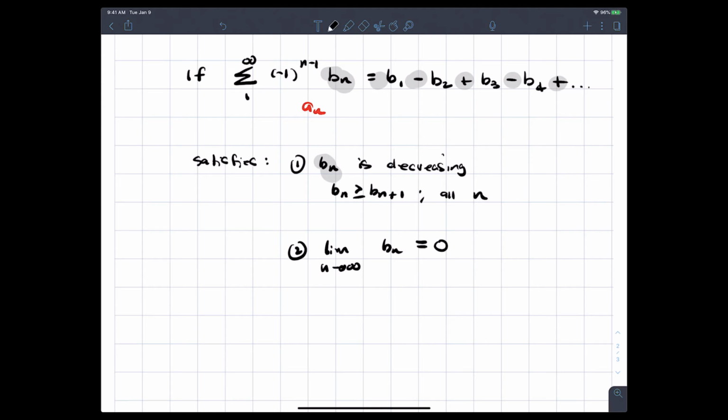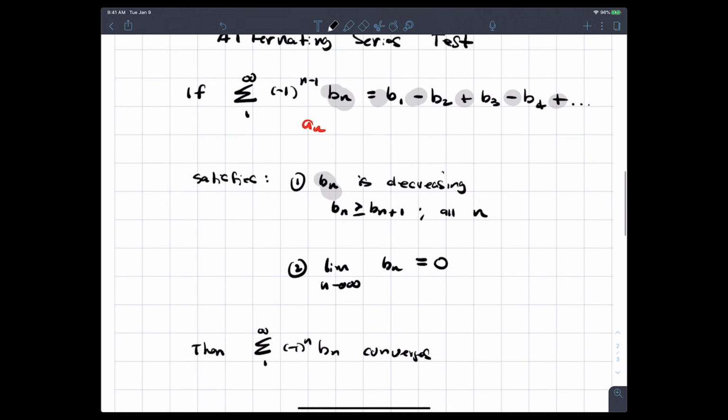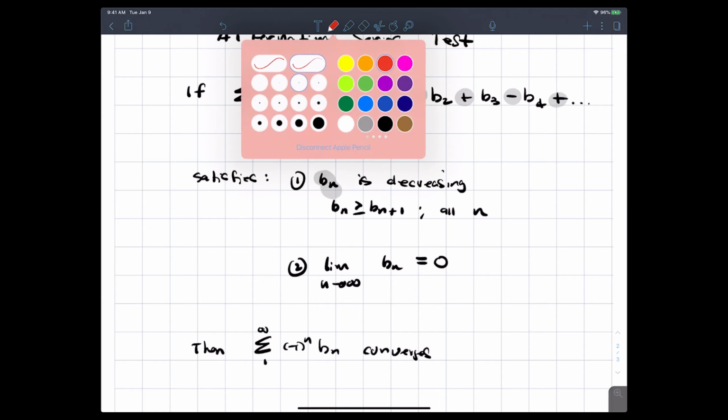So if we have these two things satisfied, then we can say the alternating series described the way they gave us converges, is finite. And that's the alternating series test. So we need to satisfy two things.